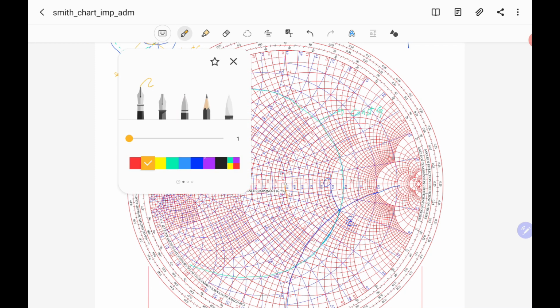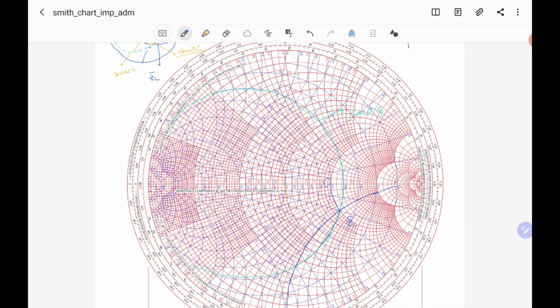It's not easy to see, but this is the r=1 circle. So we start from here and move to this r=1 circle with shunt C, and then move to this one with series L.